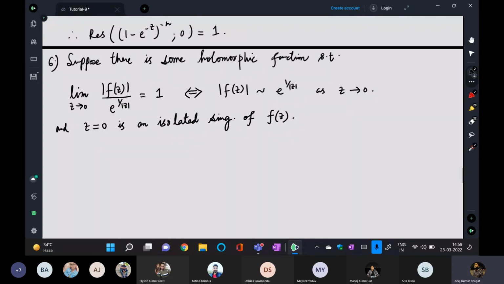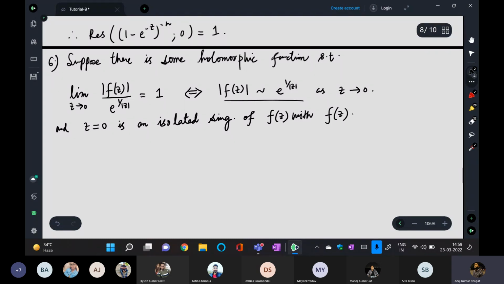as z equals to 0 is an isolated singularity with, अब ये चीज नोटिस करो, from this condition f(z) tends to infinity as z goes to 0. क्यों?